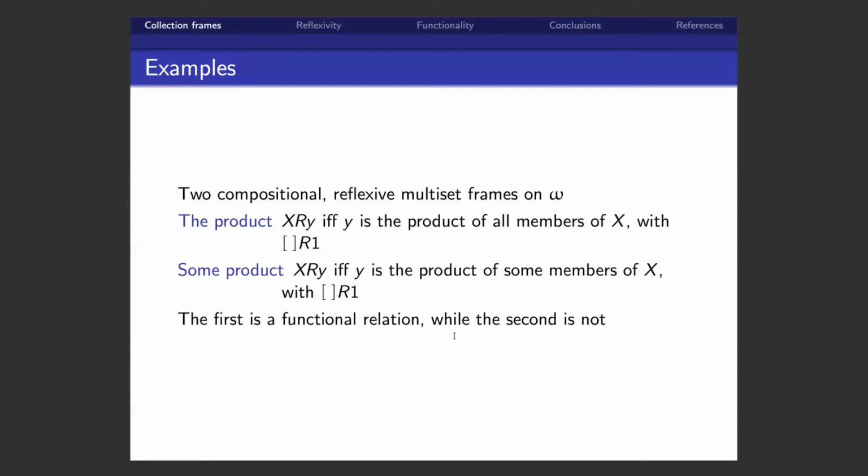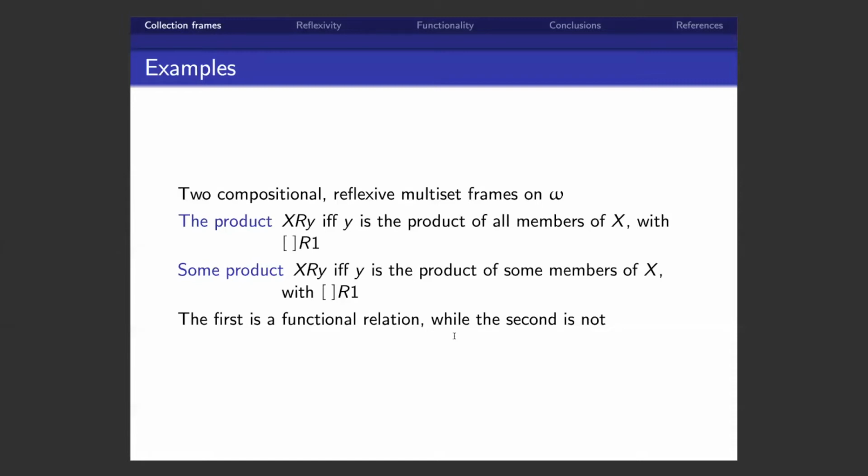And the some-products frame: X relates to y just in case y is the product of some members of X, with the empty multiset relating to 1. It is pleasantly easy to find examples of these sorts of frames. The first frame, the product one, is functional, in the sense that I'll talk about more later. The second one is not. So it's comparatively easy to find functional relations and also potentially non-functional relations.